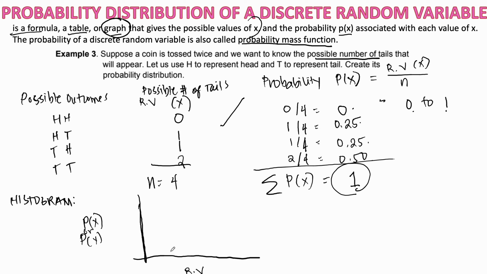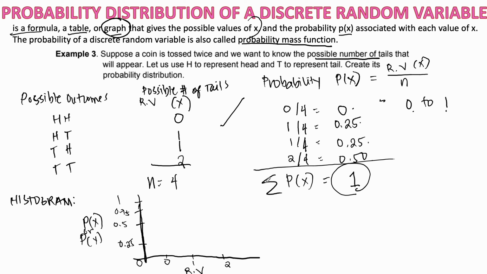Di ba origin to 0? O, pwede mo din lagay 0 dito. 1 and 2. Okay? So, ito naman yung mga probability mo dito, nagre-range siya from 0 to 0.5. So, gawa tayong 0, pwede tayong 0.25, 0.5, 0.75, and 1. Okay?